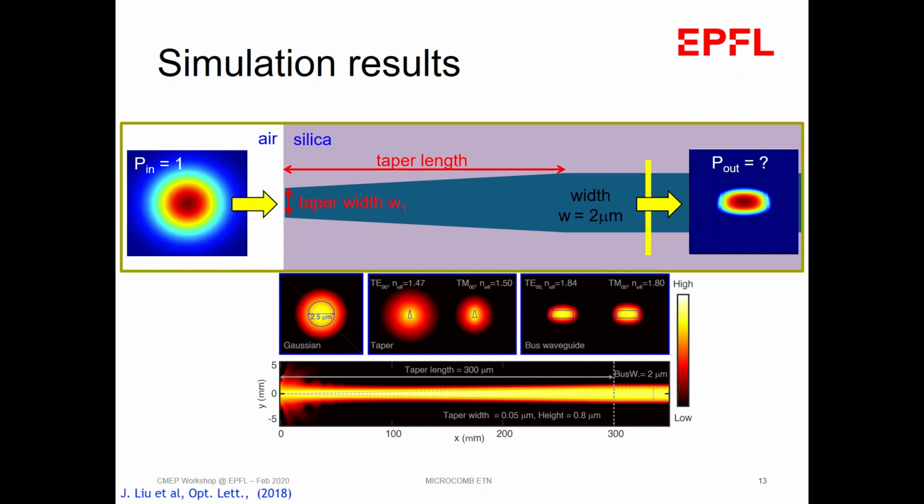You can already guess from here that the TE mode does not match the taper mode well at this point, so you lose a bit of transmission here, and then we adiabatically transform this mode into the bus waveguide mode. Overall we have a transmission of 60 or 70%, but only per taper. The overall transmission will still be less than 50%. Okay.